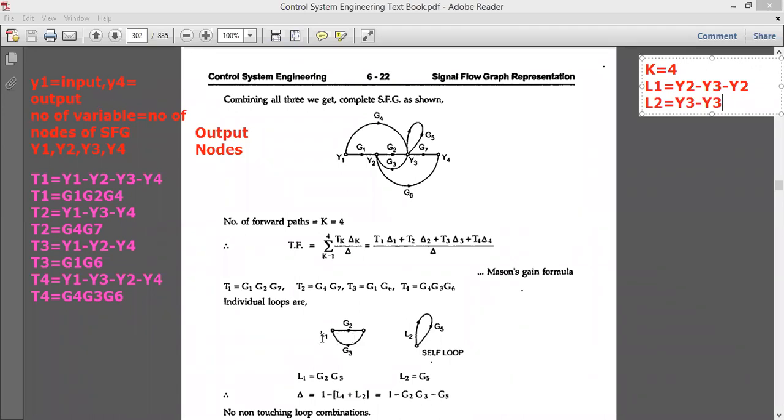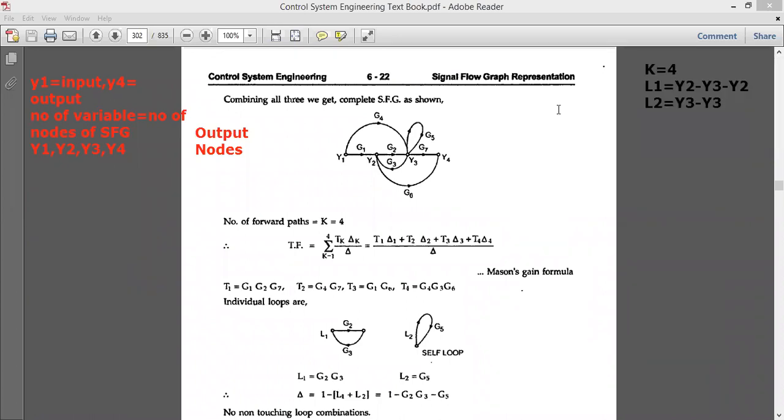So basically we have only two loops, that is L1 and L2. L1 is a minor loop and L2 is the self loop. Now once you find L1 and L2 in terms of nodes, you should go for finding the values of L1 and L2 with respect to the loop gains.